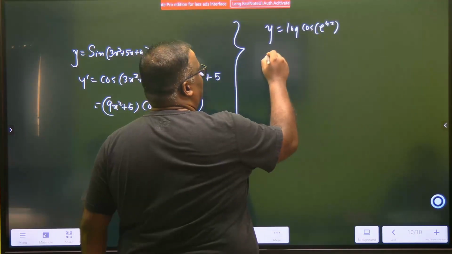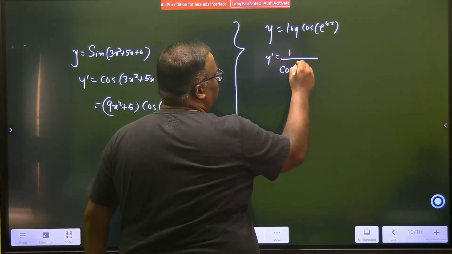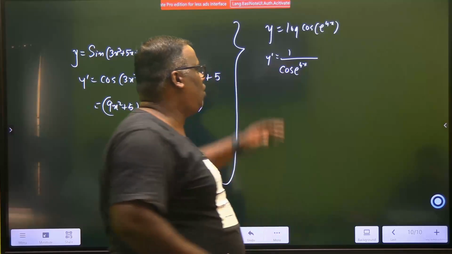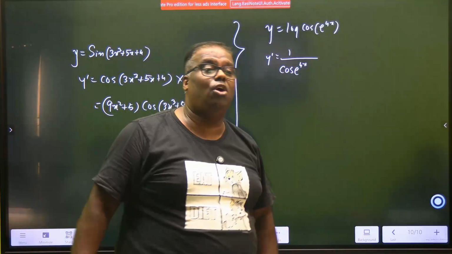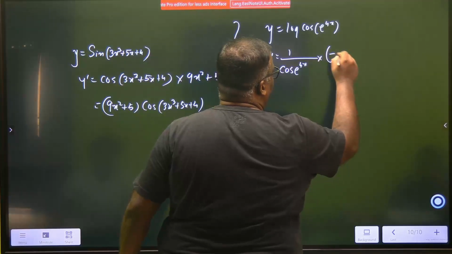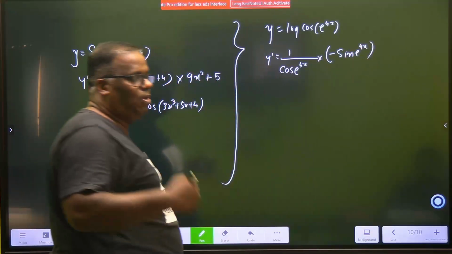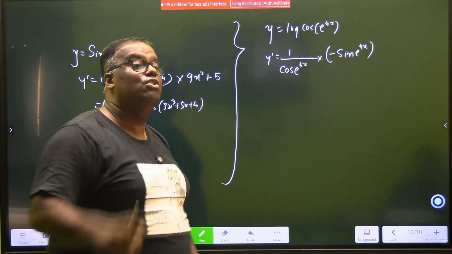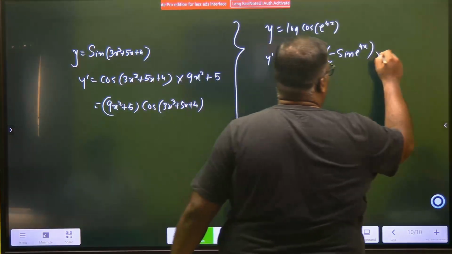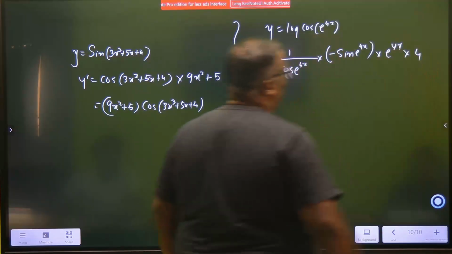So it becomes 1 by cos e to the power 4x. For cos e to the power 4x, what is the dog? E to the power 4x. So it becomes negative sine e to the power 4x. For e to the power 4x, the dog is 4x. So it becomes e to the power 4x. And for 4x, the dog is 4.